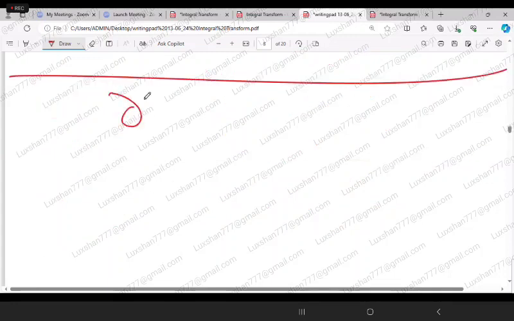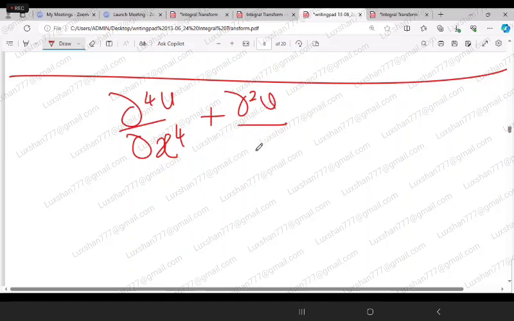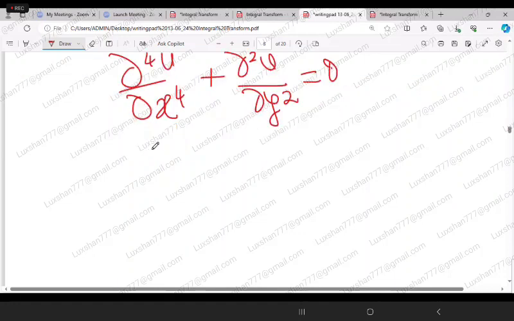So our function is given: del 4 u over del x 4 plus del squared u over del y squared equal to 0. Now I am going to take a Fourier transform throughout the equation, with respect to x. Let the Fourier transform of u equal u bar. Then the first term becomes (minus i omega) to the power 4 u bar.